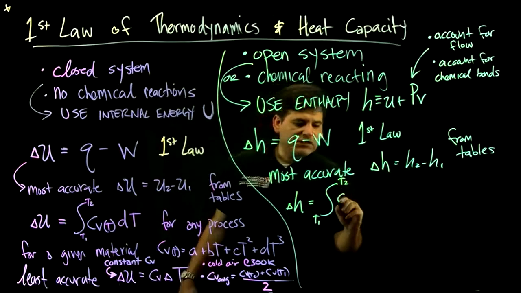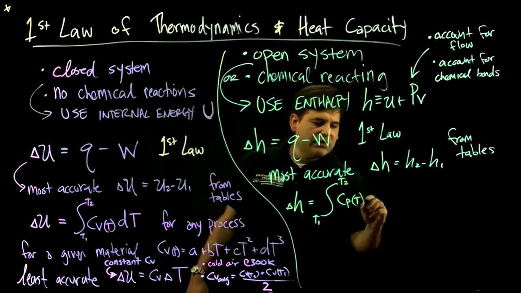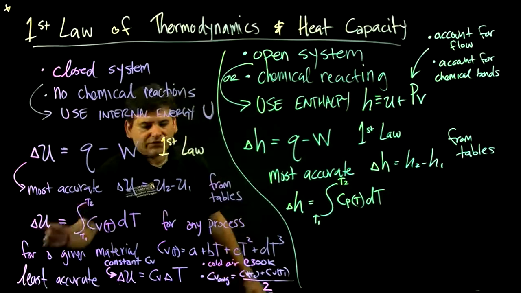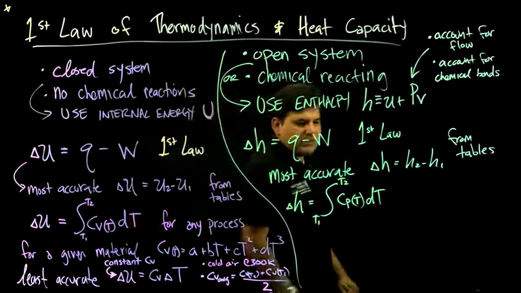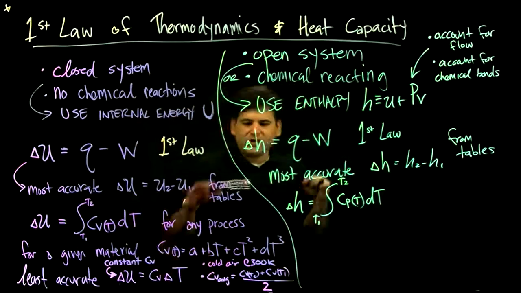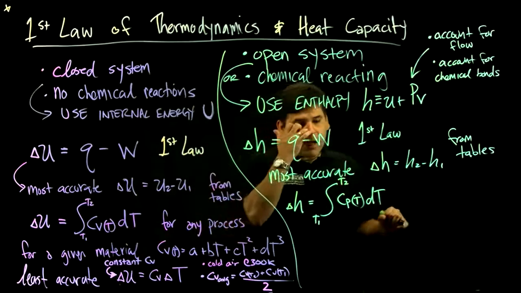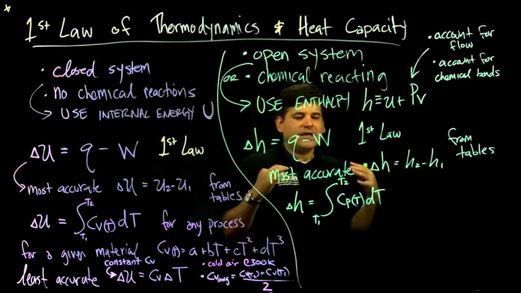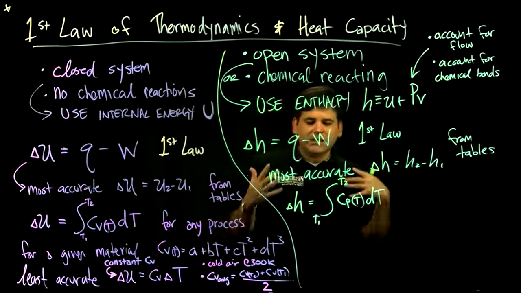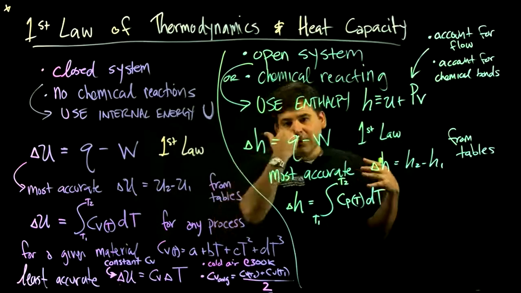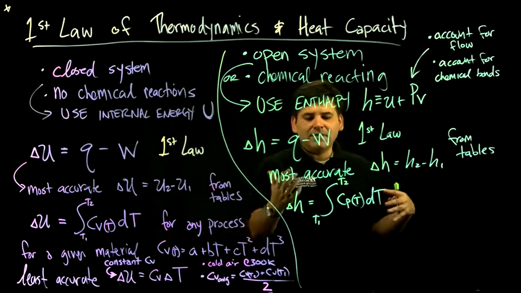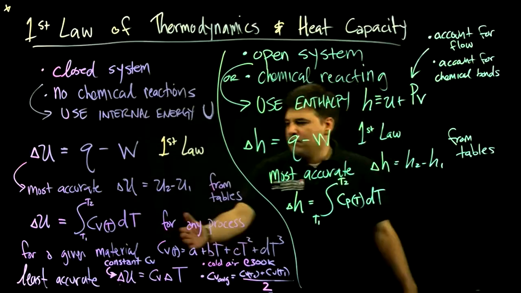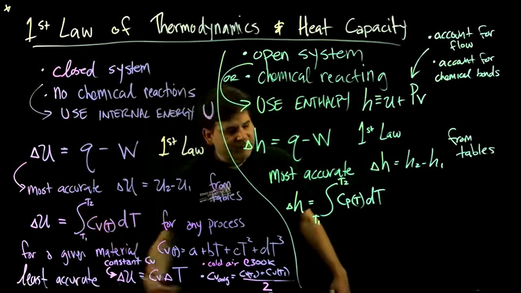That's the difference between these two heat capacities we have, Cp and Cv. Cv is for internal energy, Cp is for enthalpy. And both change with temperature. The higher the temperature you go, the more heat capacity these molecules have. The problem is that the name is unfortunate because heat capacity does not directly depend on heat. It gives you enthalpy. It's most directly related to enthalpy in Cp, and most directly related to internal energy for Cv.